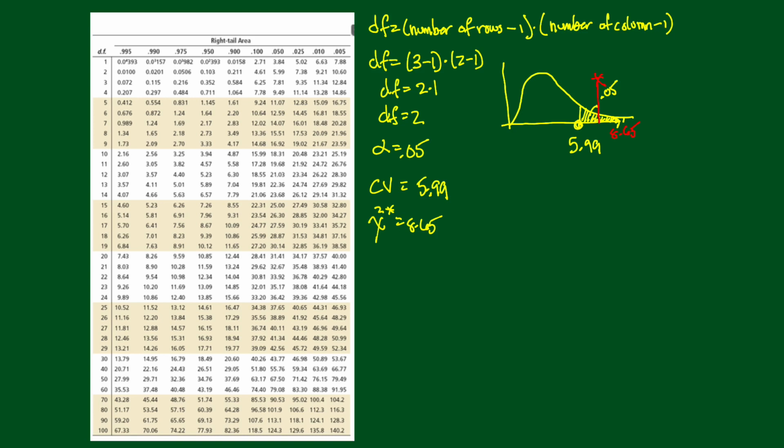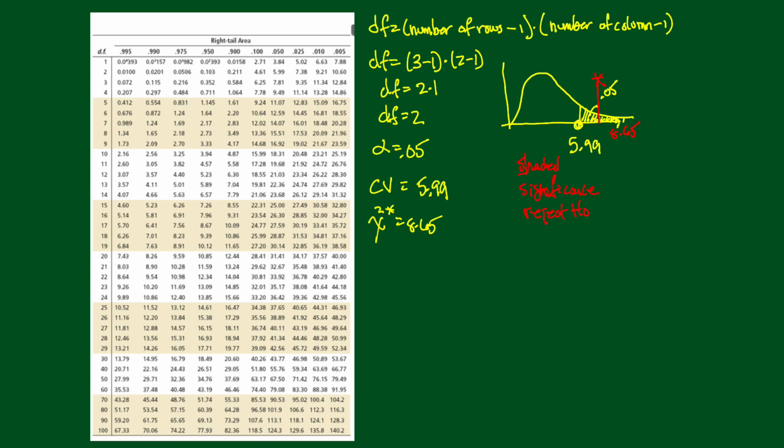Now the way I remember this is this. I'm in the shaded region. Shaded starts with S. So does significance. So we have significance here. So there's a significant difference between the observed and expected values. So we are going to reject H naught.